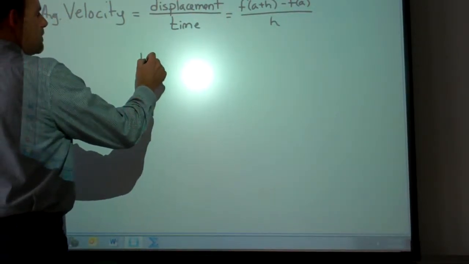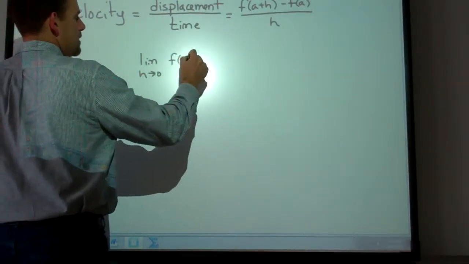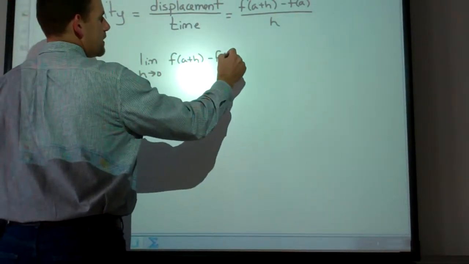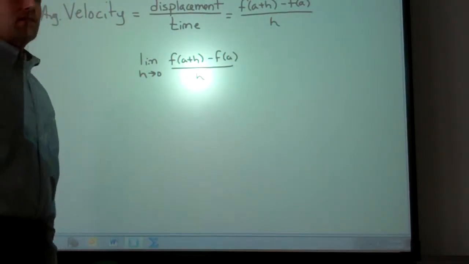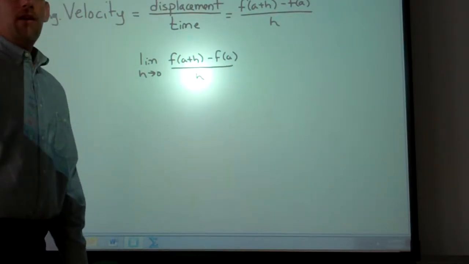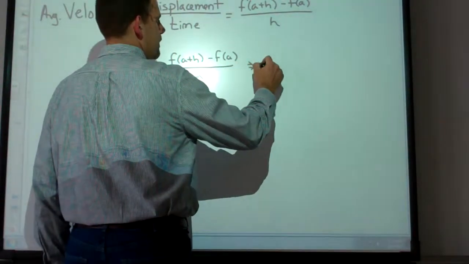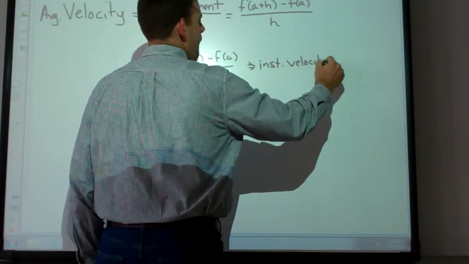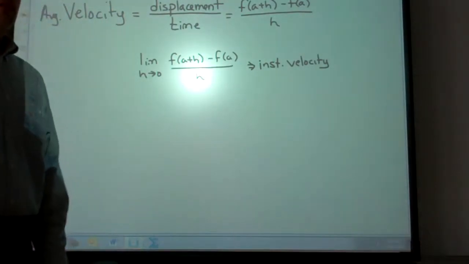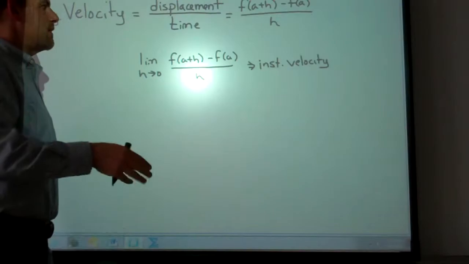So when we look at our limit definition as h goes to 0, of f of a plus h minus f of a over h, as we shrink the time increment to something so small, we are starting to talk about instantaneous velocity. Okay, because as the time increment becomes infinitely small, you're talking about what's happening at any particular instant.